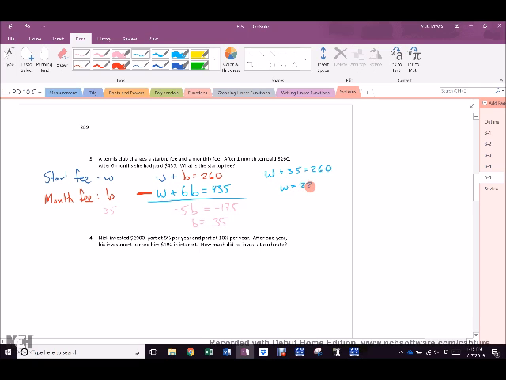W equals 225. Now, if you have written start fee equals W, and you've written W equals 225, do I need a sentence that says the startup fee is 225? Of course not. Because you have told me startup fee is W, and you have told me W is 225, and I am smart enough to know that W equals 225.